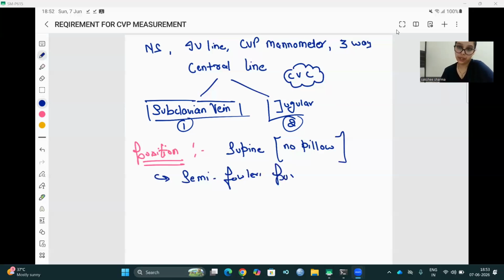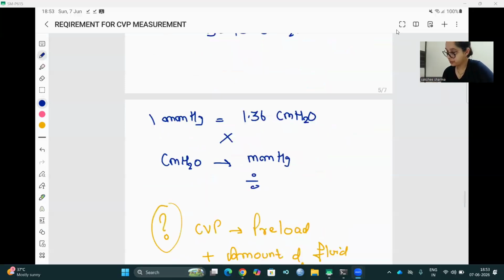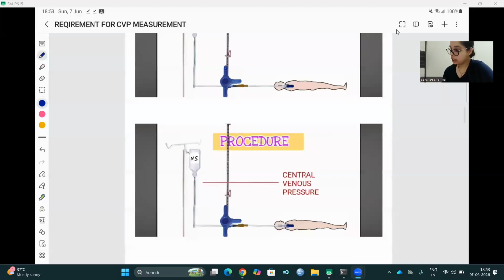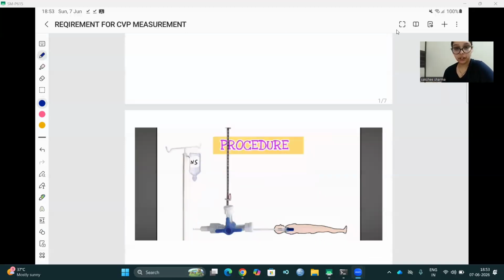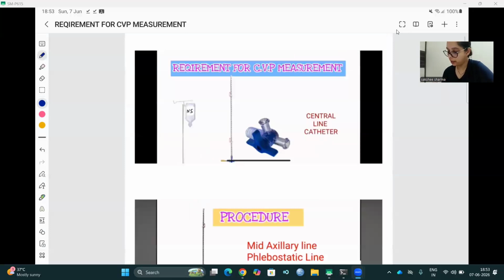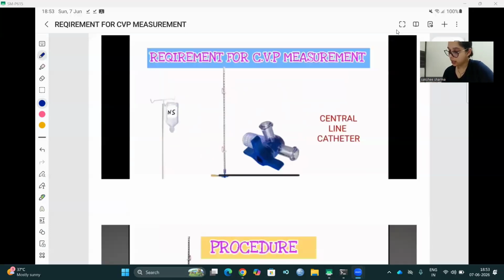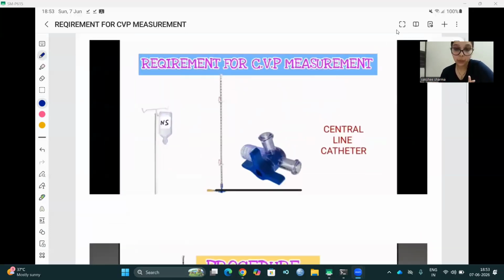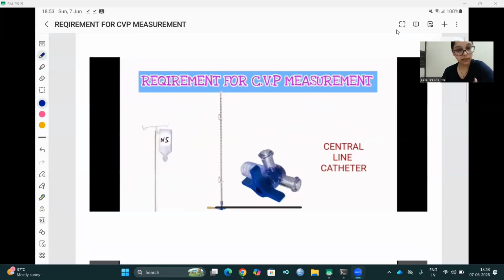Semi-Fowler's position. Okay. Now, let's see what we are going to do with the patient. If you can see in the first picture, these are the equipments we will be needing to measure the CVP with a manometer. First we have NS with stand and IV line.